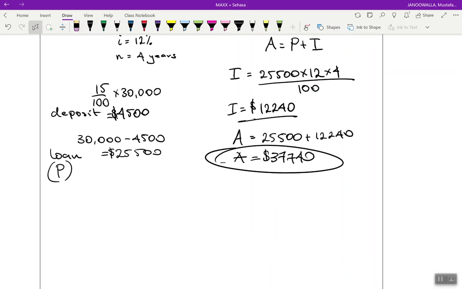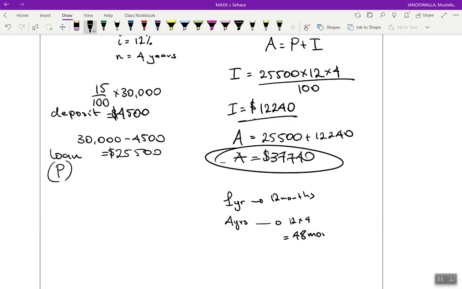So we know there are 12 months in 1 year. He's taken this loan over 4 years, right? So for 4 years, write it the other way around: 1 year, 12 months. For 4 years, we know it's going to be 12 times 4, which is 48 months.